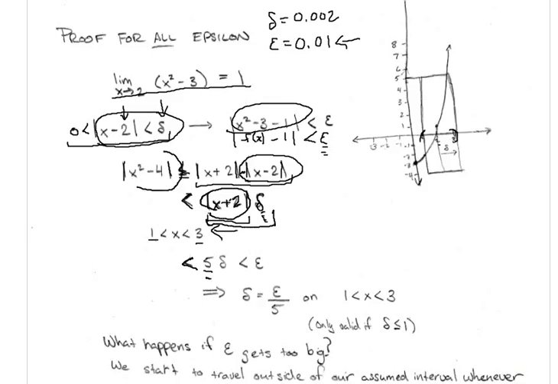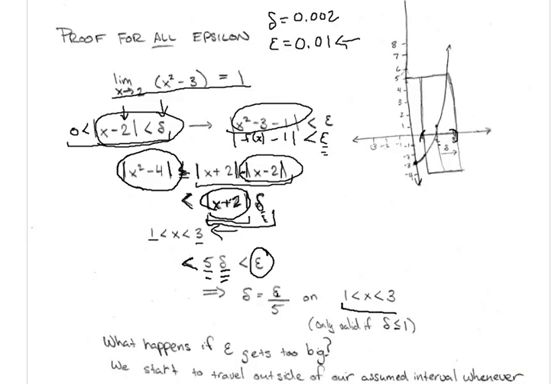So this here, which is the distance of our function f of x from 1, has to be less than 5 times whatever we choose our delta to be. And if we want that to be less than some arbitrary epsilon, then we can set our delta to be equal to epsilon over 5.